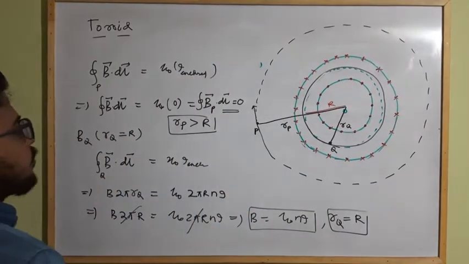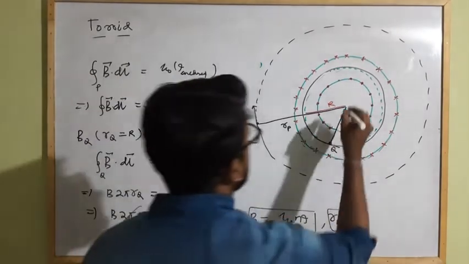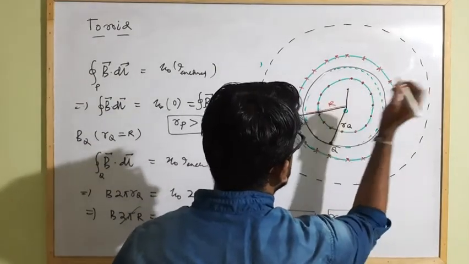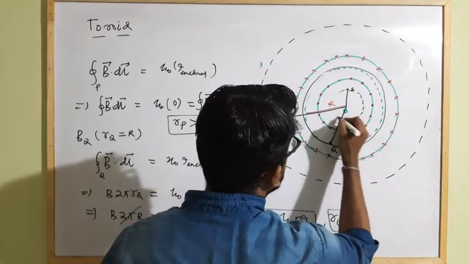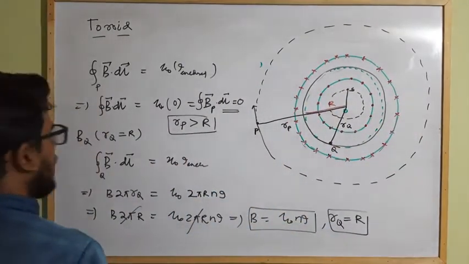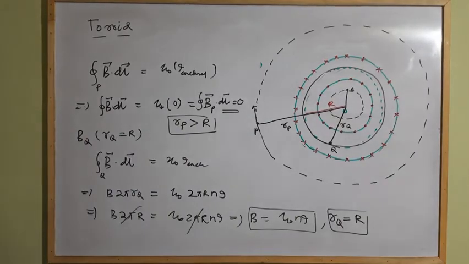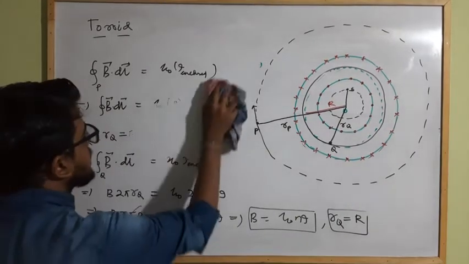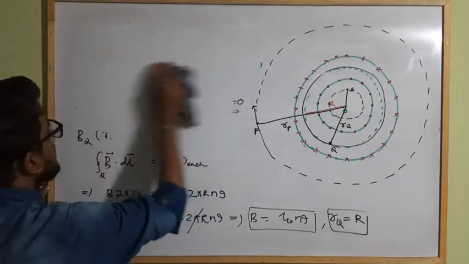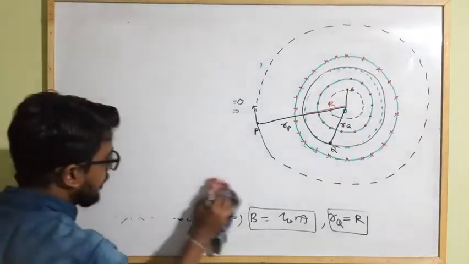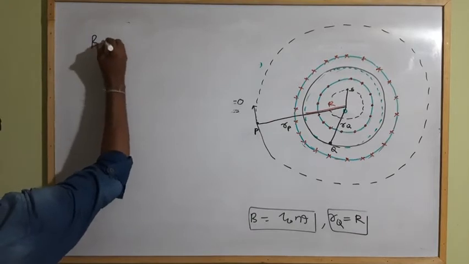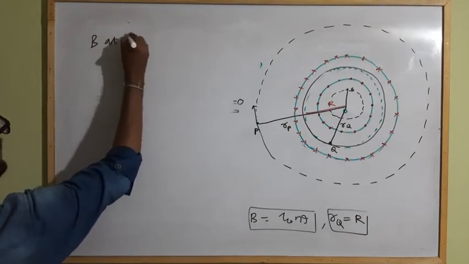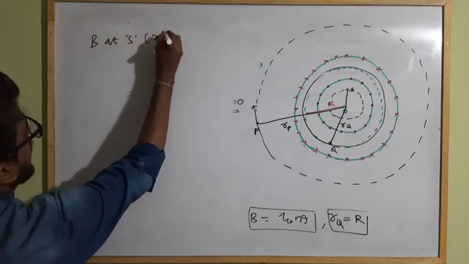Okay. Now we have to find out the magnetic field strength at any point S, which is inside the toroid. Clear? So the magnetic field strength B at S, that is at a distance RS.